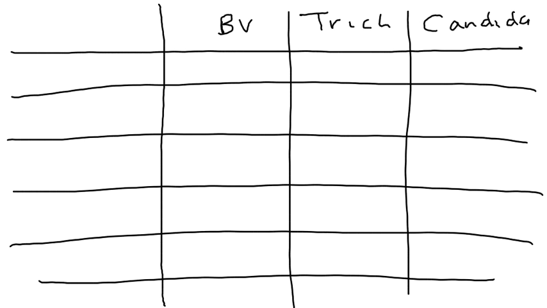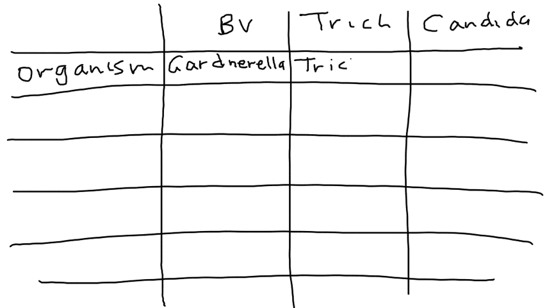So the first thing I want to write is organism. What causes it? Well, remember, BV is caused by Gardnerella. There are other organisms, but Gardnerella is the most common. Trichomonas is caused by Trichomonas vaginalis. And Candida is caused by Candida albicans.